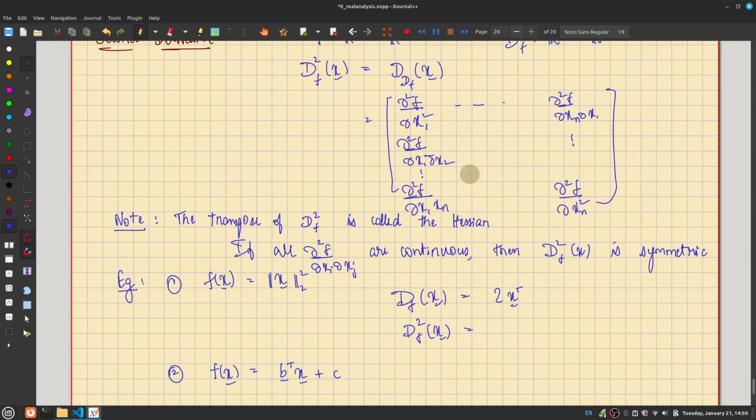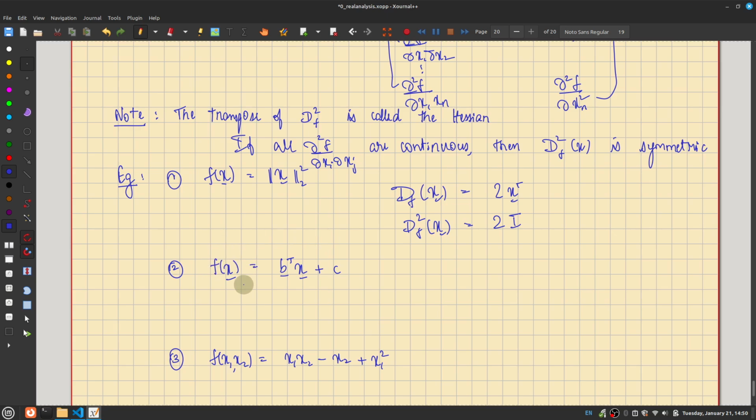Just think about it in terms of this matrix. It's going to be an n by n matrix, a diagonal matrix with all the diagonal entries equal to 2, or nothing but 2 times the identity matrix.